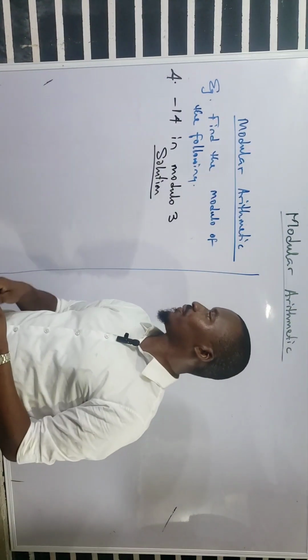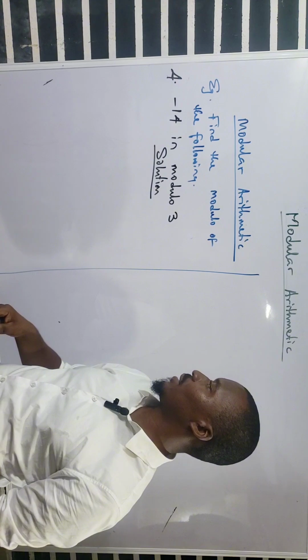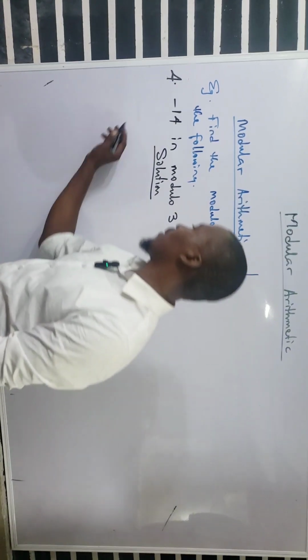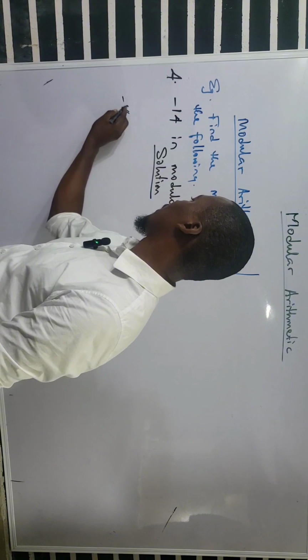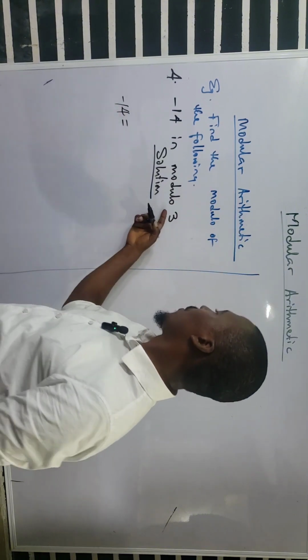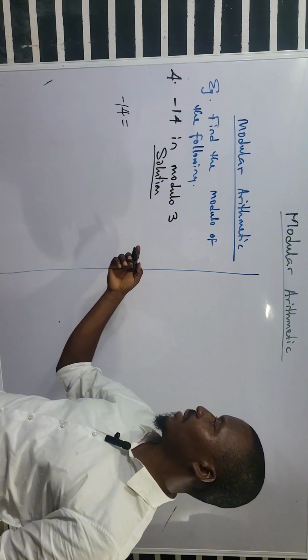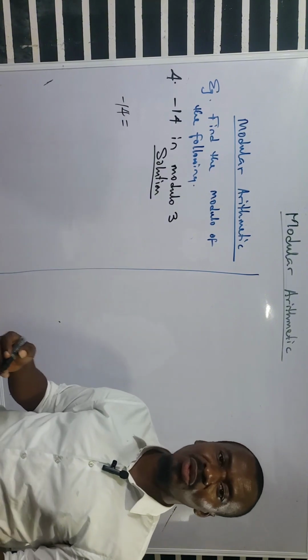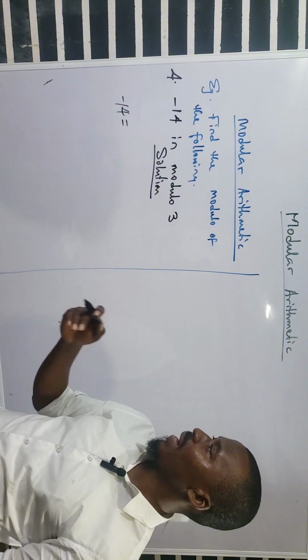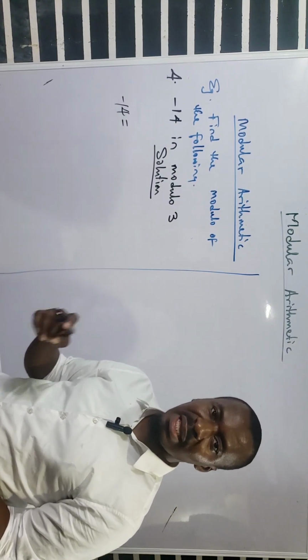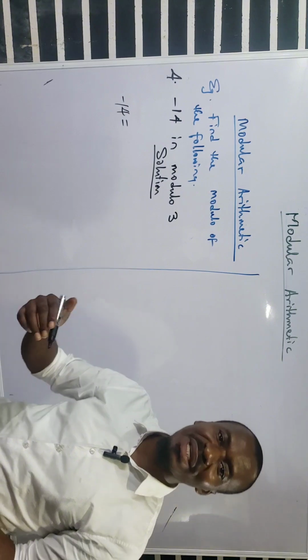Okay, so let's solve this negative number in modulo 3. That will give us minus 14 equals to, which number will I multiply by 3 that will give me a number less than minus 14, but the closest?